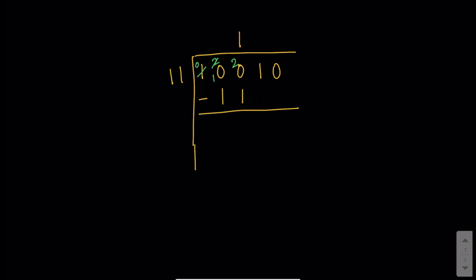Then you will perform the subtraction. 2 minus 1 is 1. 1 minus 1 is 0 and this is already 0. Next I bring down a 1 from here. Again I'll say 1 into 1 is 1. So I will perform the binary subtraction. I'll get all zeros and then this 0 is taken forward.